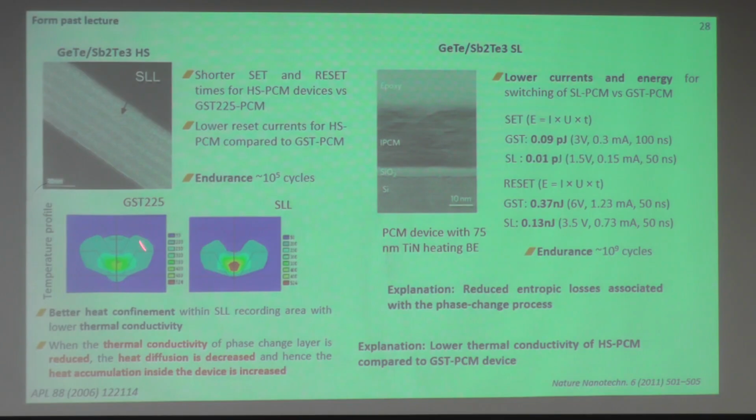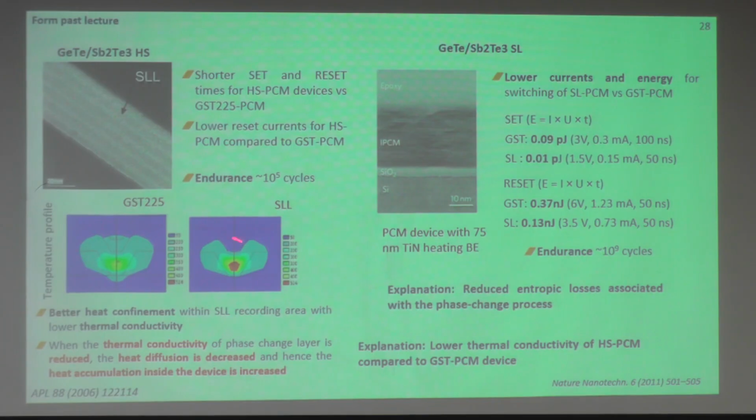They explained this effect by better heat confinement in the recording area of the superlattices. They did some calculations for a GST225 superlattice, and you see here the heat distribution in the working area.